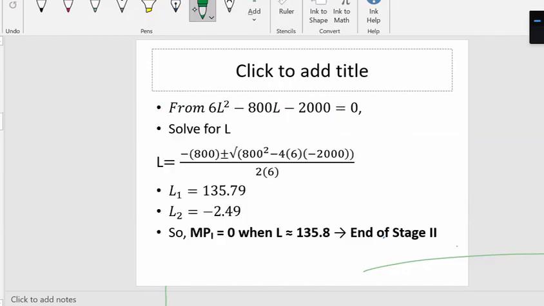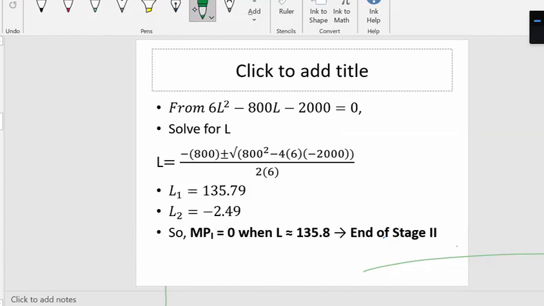If you substitute, then utapata majibu mawili kwa sababu that is a quadratic. Why do I say majibu mawili? Because our b is minus 800. Sawa?